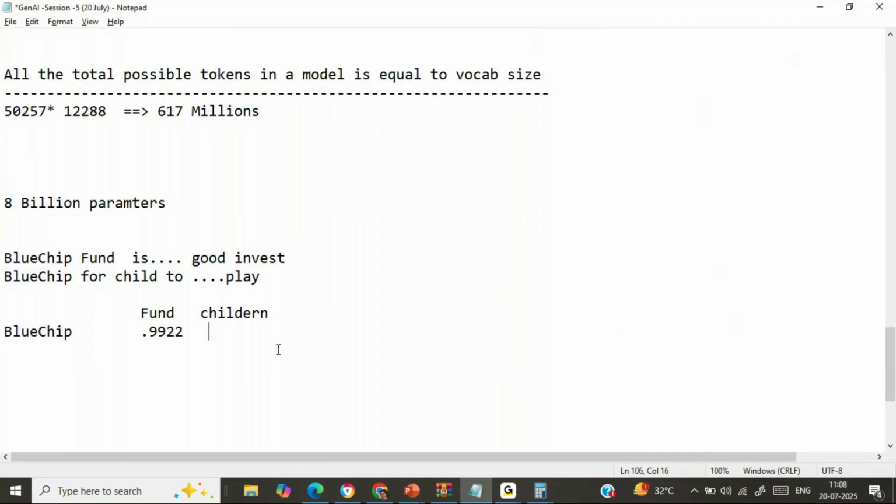For children, blue chip is say 0.88, and then for invest.